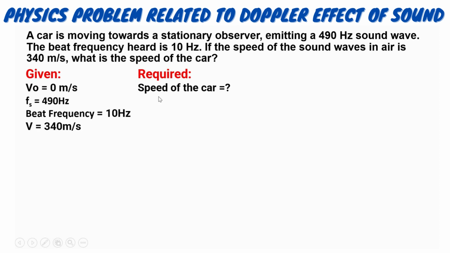Okay. Now, to solve this problem, first, we need to get the actual frequency heard by the observer. So, all we have to do is just to add the beat frequency plus the source frequency, which is 490 Hertz.